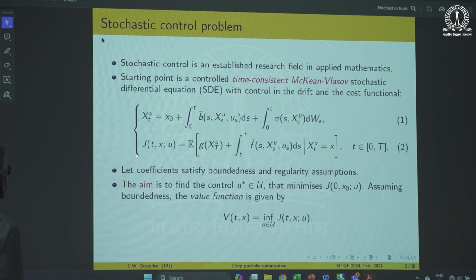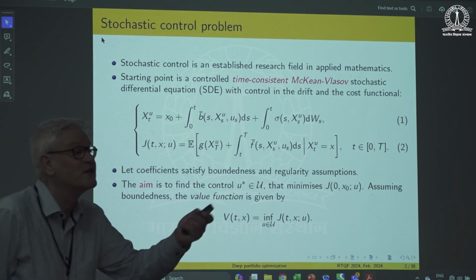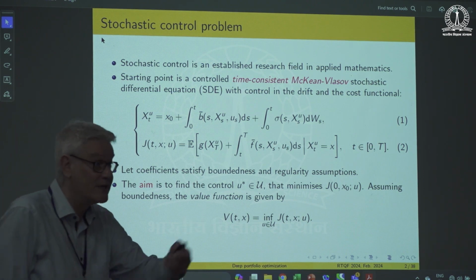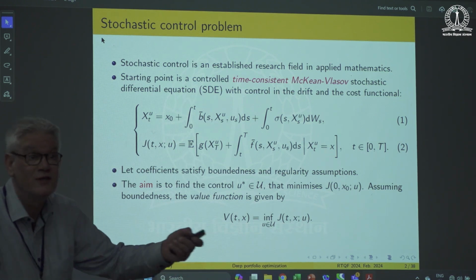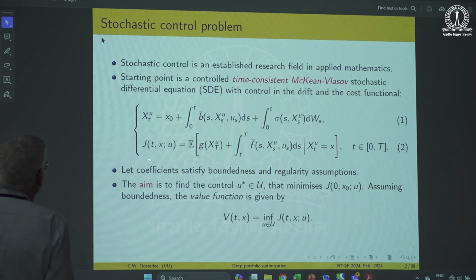And then it's a conditional expectation, given that we are now at some time little t, at some point x. And little t runs from 0 to capital T, which is, for example, the time that the pension plan becomes active. You should have a sufficient amount of money to get this.